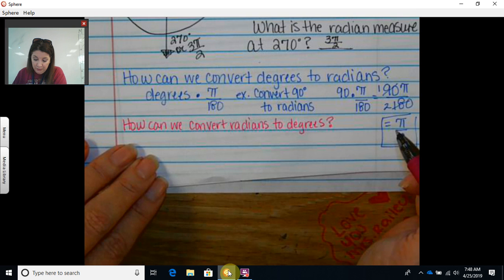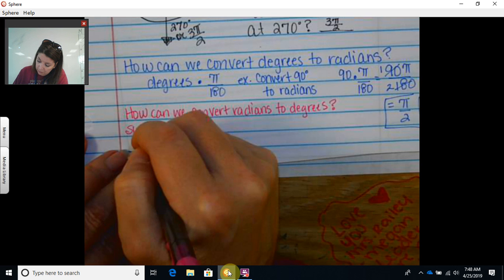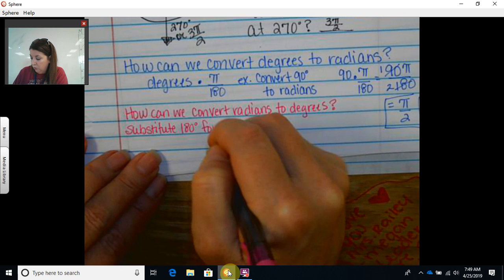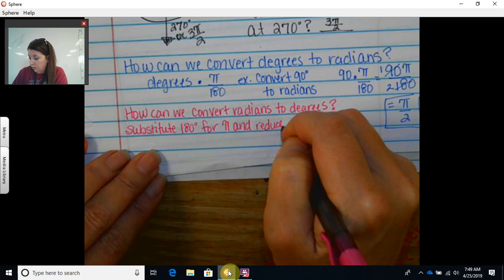All you do is, wherever you see pi, you substitute in 180 for pi, because they're equivalent, right? So substitute 180 degrees for pi and reduce or simplify.